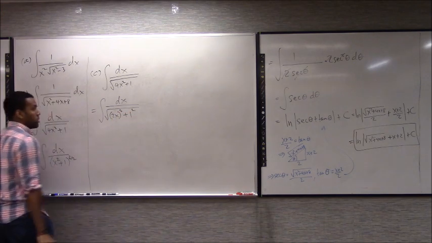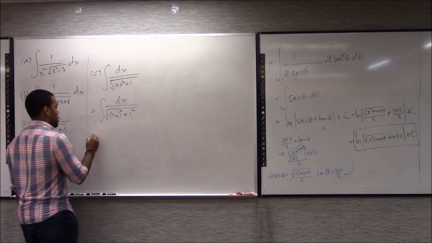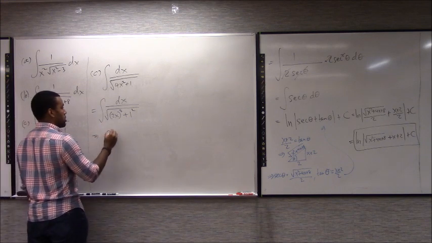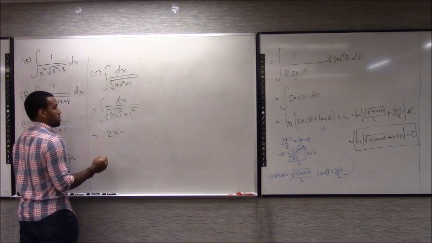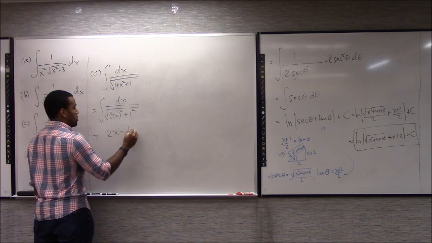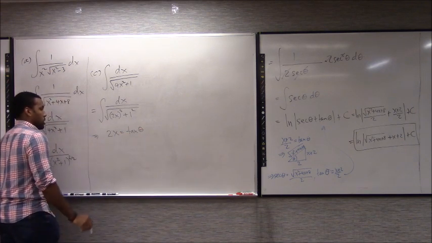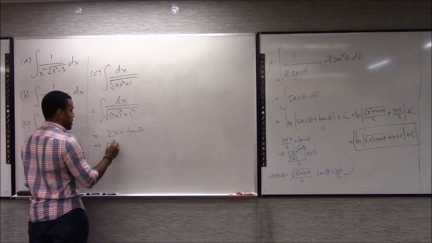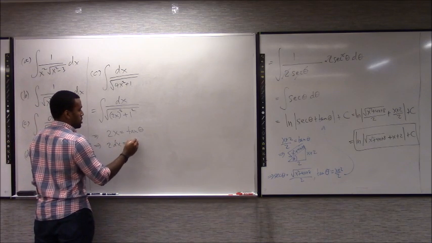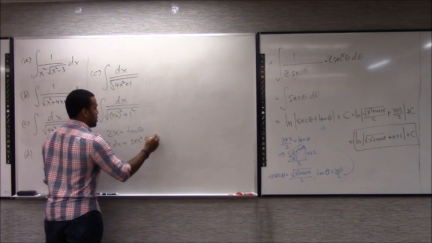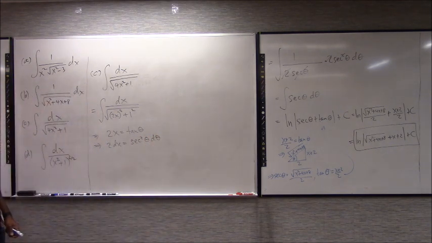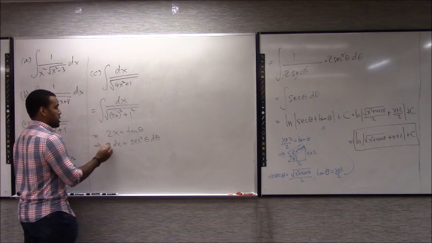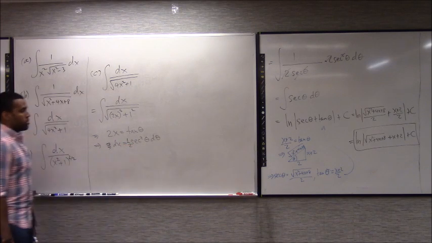Yes. And then you do 2x is equal to tangent theta, and then take the derivative of both sides. Right. So we have 2 dx equals secant squared theta d theta, or I can move this to the other side and say dx is equal to 1/2 of that.